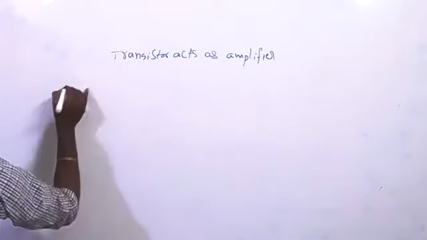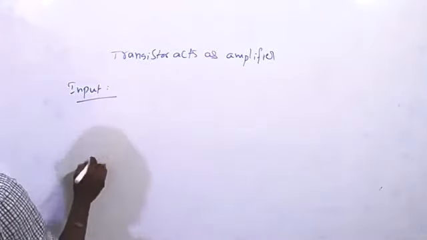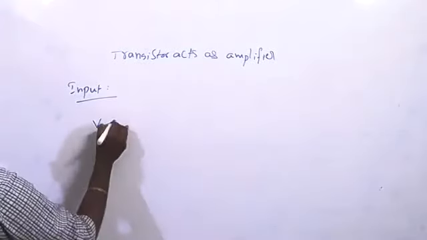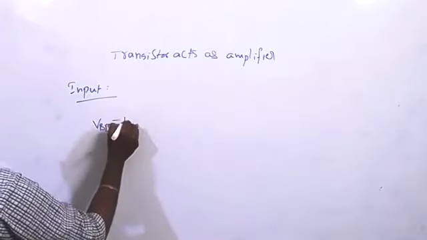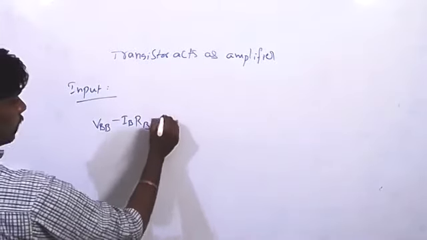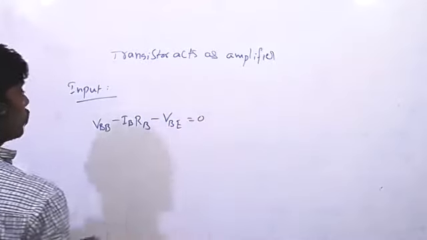Input section: VBB minus IB RB minus VBE, the emitter base voltage, is equal to 0.